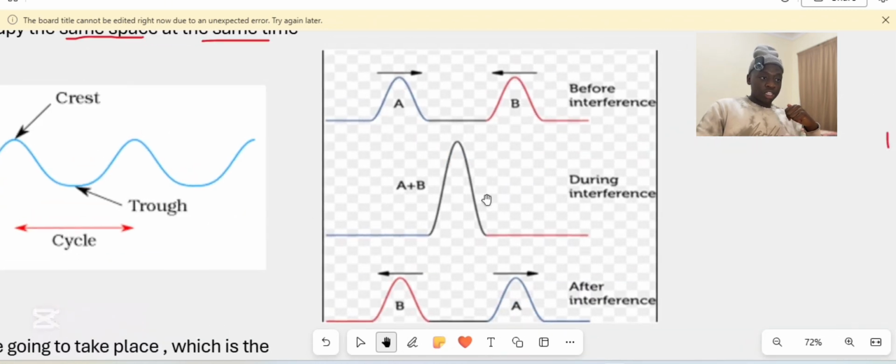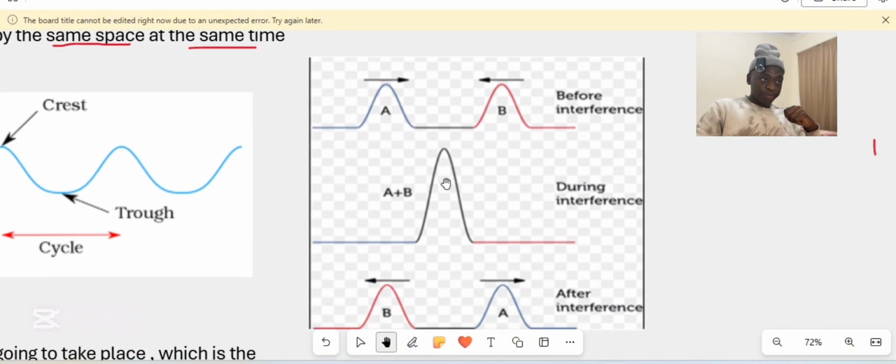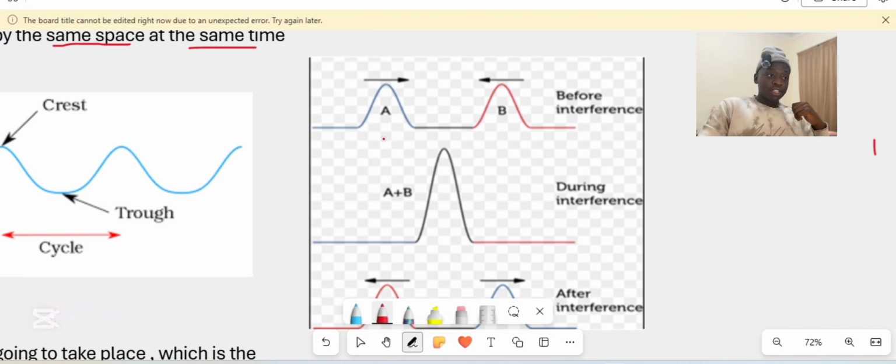So the superposition principle. As you can see here, there is a pulse going towards an oppositely directed pulse. For example, let's say this pulse has four amplitudes, and this one also has four amplitudes.